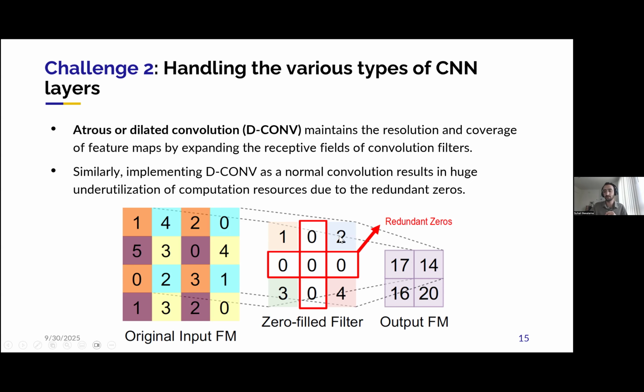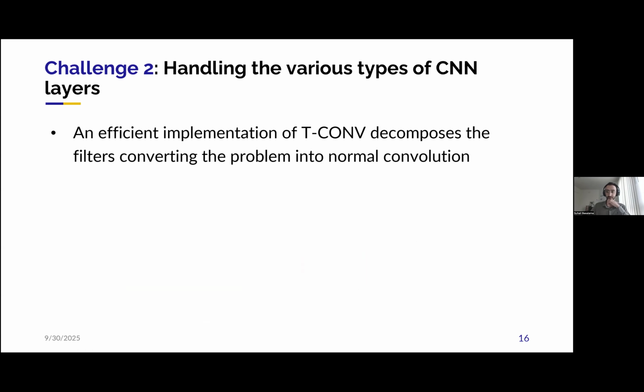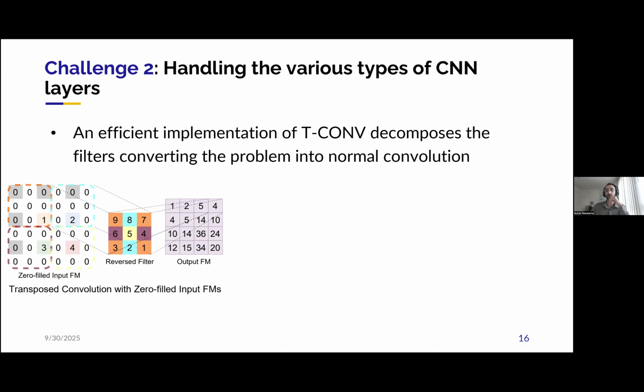So this is a 2x2 kernel, but when we insert these zeros, it becomes a 3x3. But again, all these zeros lead to huge underutilization of hardware resources. So an efficient implementation of transpose convolution will decompose the filters, converting the problem into normal convolution.